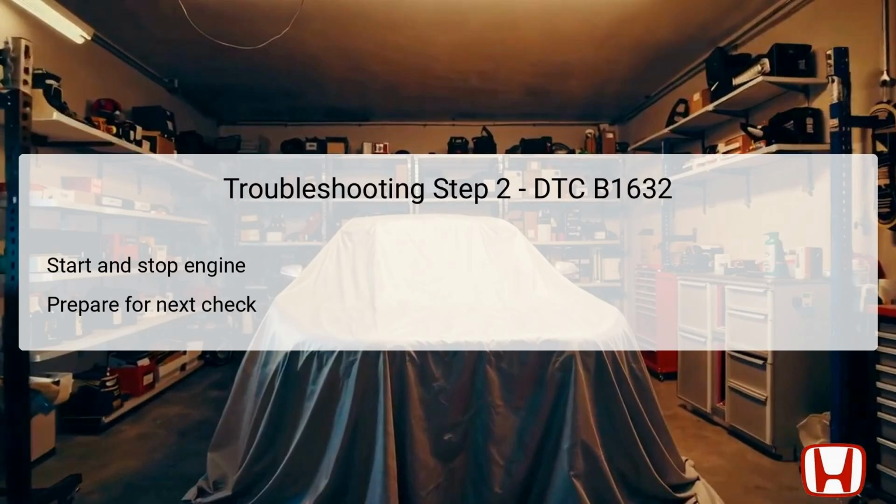The results from this step will help assess whether the DTC B1632 is still present or if any new errors emerge. Once the engine has been started and stopped, the next troubleshooting step requires checking for diagnostic trouble codes, DTCs, again, using the Honda Diagnostic System, HDS. This step is crucial as it determines if the DTC B1632 is still indicated in the system.